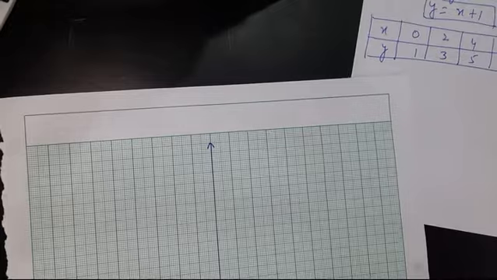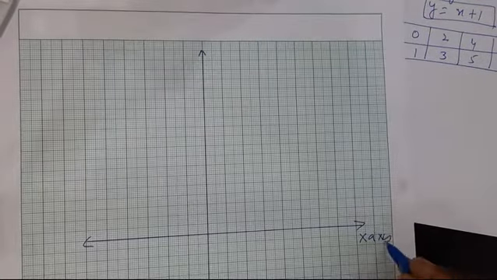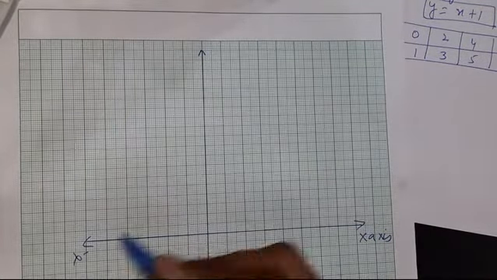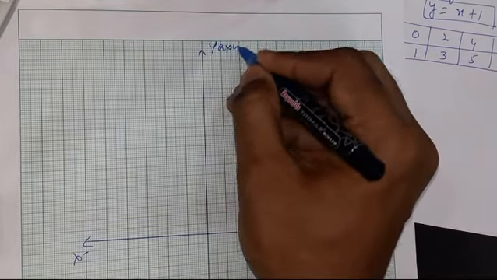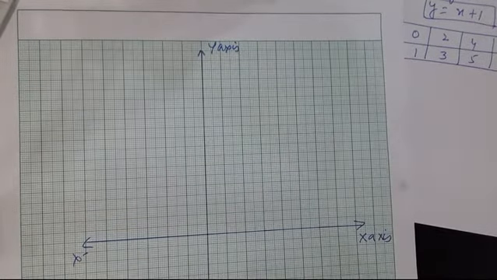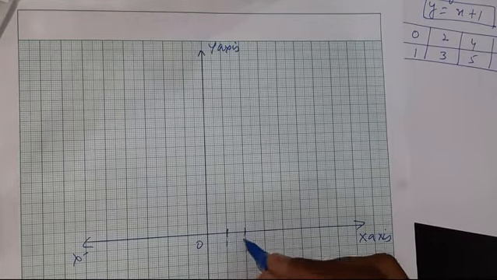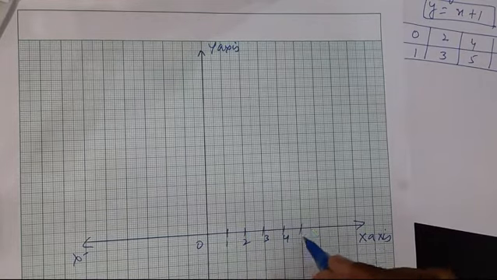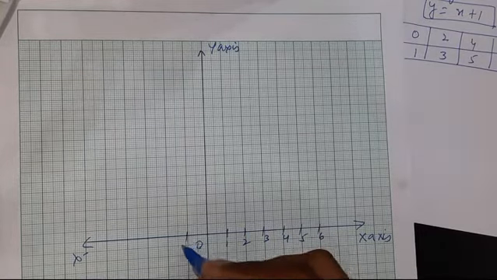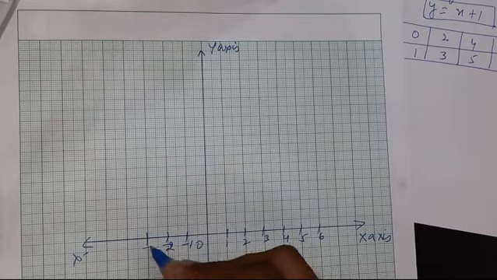So this is the x-axis, as you can see here. This is the y-axis. Put the values on the x-axis: 0, 1, and minus 1, minus 2 on the other side.